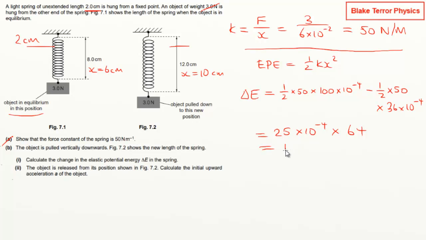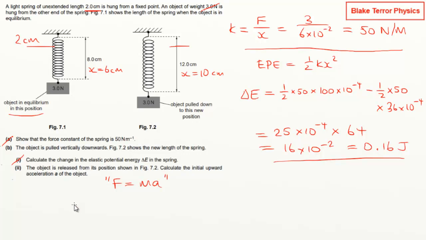So that will leave us with 16 times 10 to the minus 2, which is 0.16 joules. So it's nice they gave us some nice numbers there to keep us away from the calculator. Object is released from its position. Calculate the initial upward acceleration a of the object. Right, so we're into now Newton's second law, F equals ma. So our net force on this is, don't forget the weight.